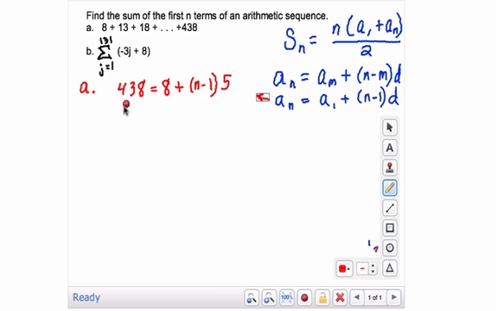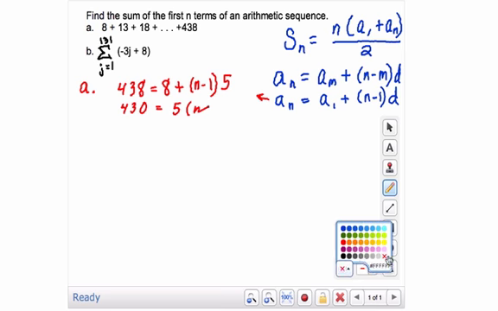I'm going to subtract 8 from both sides, and I'm just going to write this as 5 times n minus 1. At this point you could do a couple things.